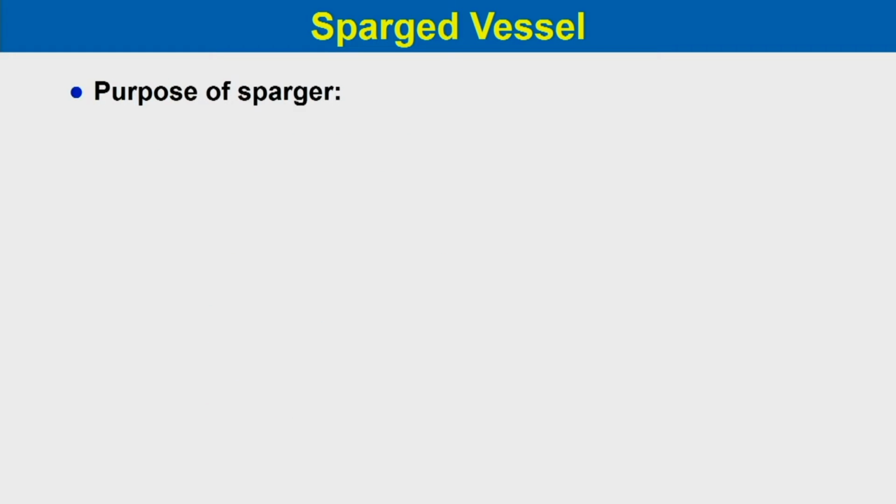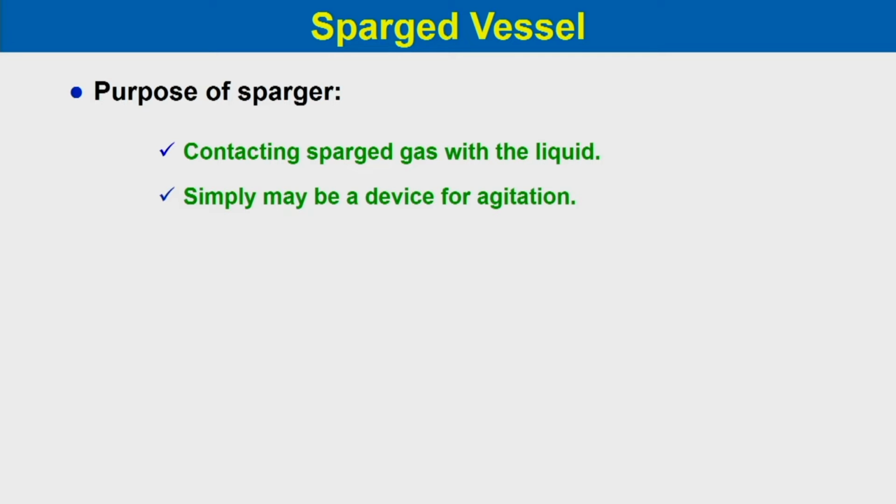Purpose of the sparger: it is a well known fact that we need to have good contact between the gas and liquid phase. So, contacting sparged gas with the liquid, that is the purpose of the sparger, and simply it may be used as a device for agitation.